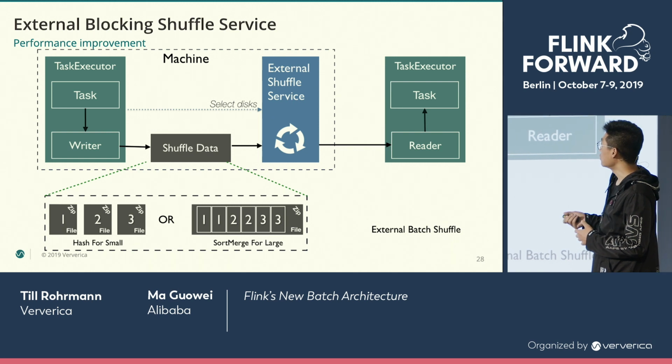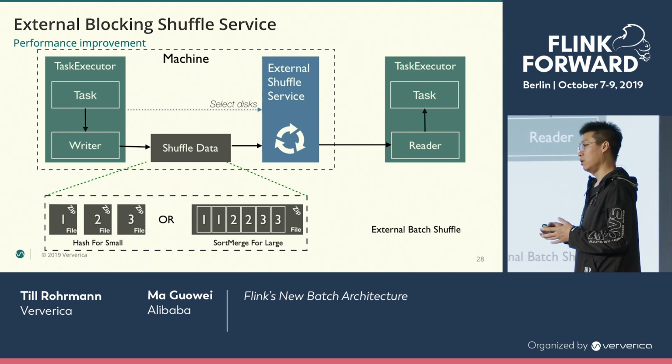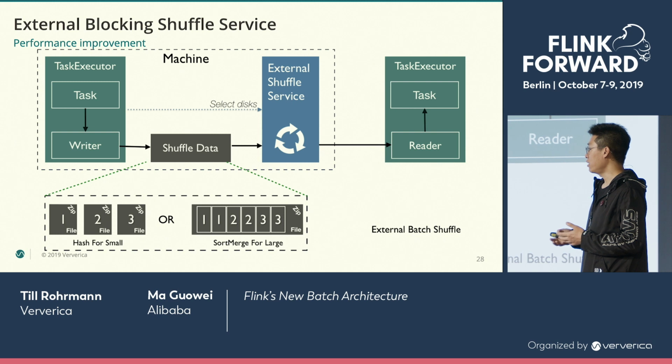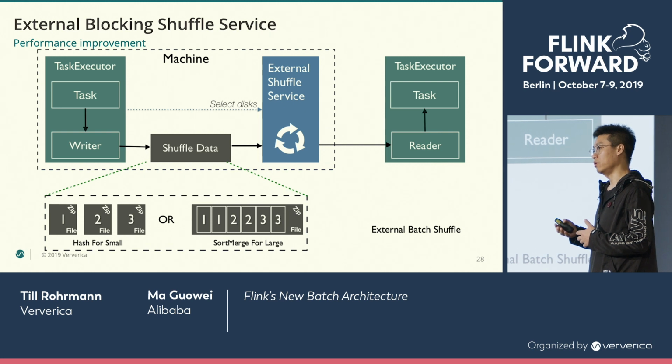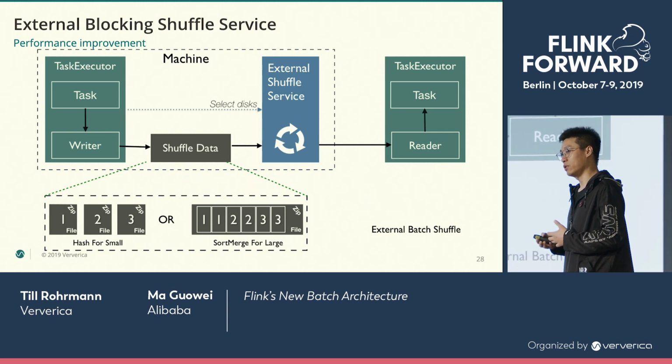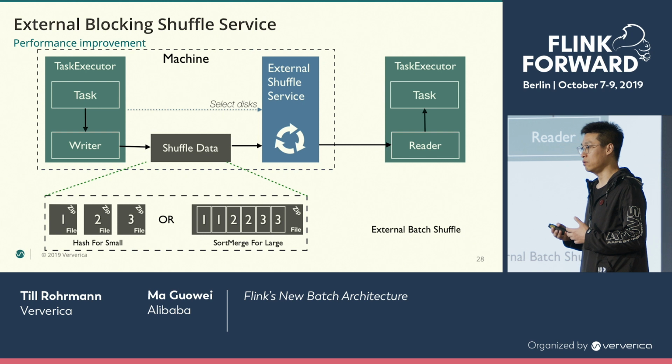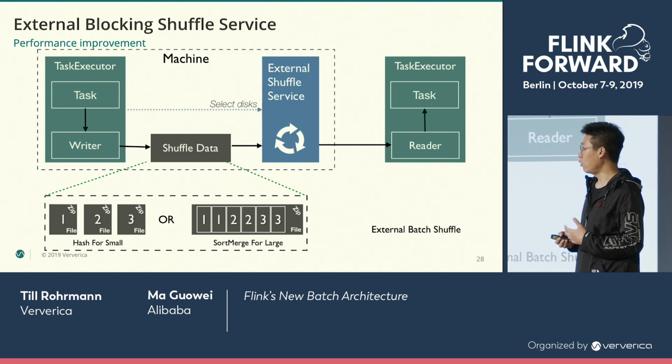But the cons of the hash shuffle is that it will create a great amount of files, and most of the I/O operations are random ways, which is much slower than the sequential ones.